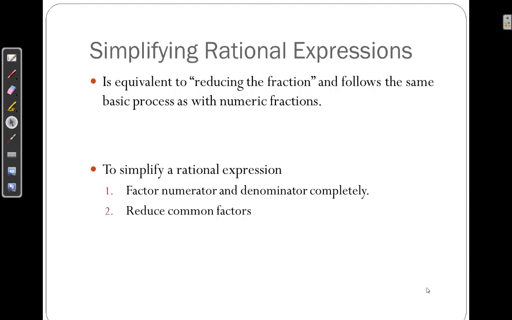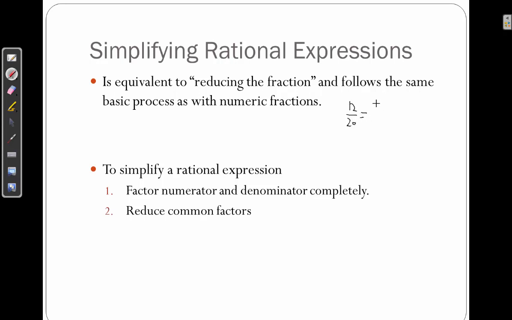So we're going to start out with reducing. To simplify a rational expression, you may remember when we did it with numeric fractions, the idea behind it, say if I had 12/20ths.